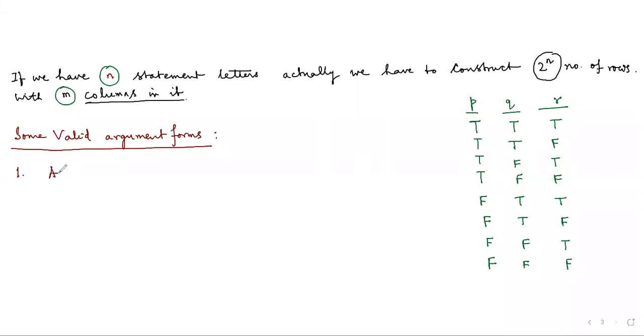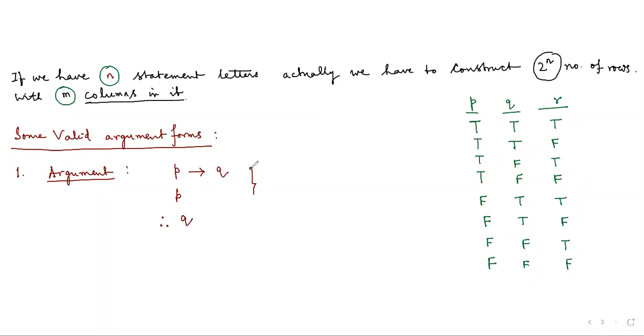First argument: if P implies Q, for two statements P and Q, and we have P, then this implies Q.